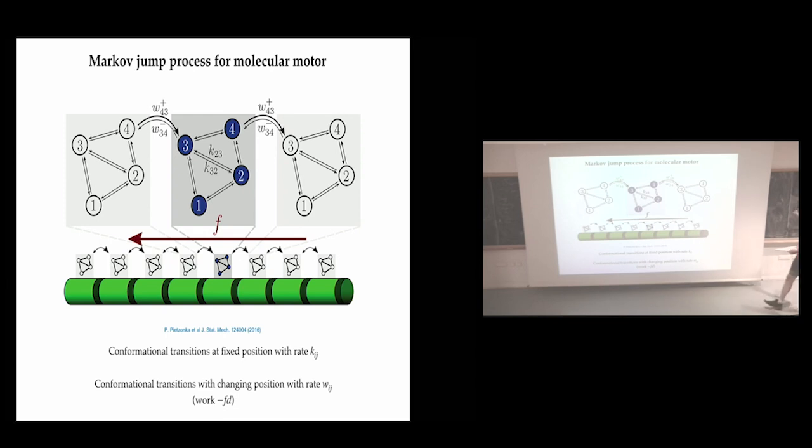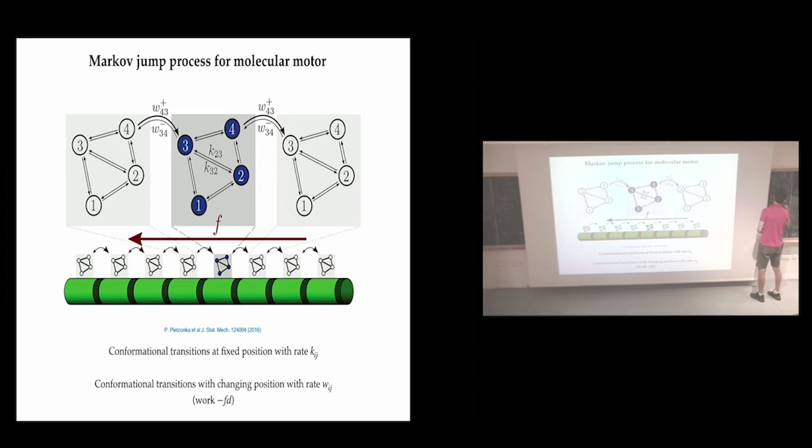Okay, here I cannot write, so let's just take this out. Remember now that I have written down these K_ij that are transition rates between internal states.